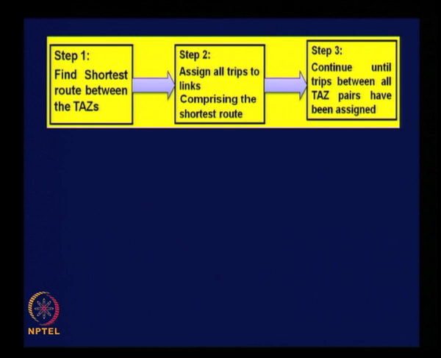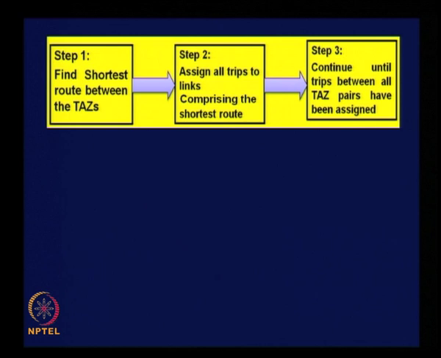Step 1 is just to find shortest route between the TAZs. TAZ is nothing but traffic analysis zone or simply traffic zones. Step 1 is finding the shortest route between traffic analysis zones, because our interest of movement or mobility is between zone centroids.